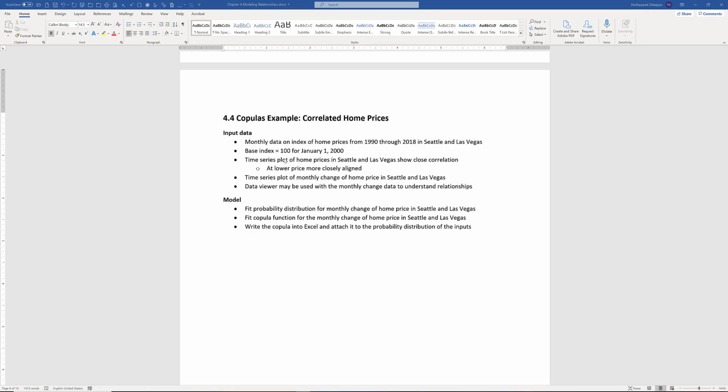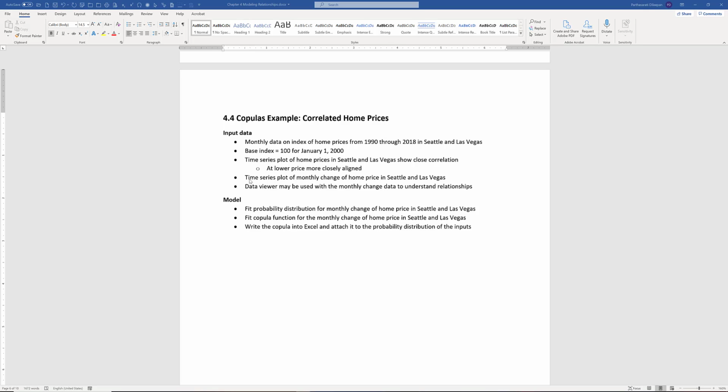2018. Okay, so now we're going to look at a time series plot of the home prices to see how they are correlated. And we will see that when the prices were low, they were more closely together. So meaning that there was some higher level of correlation, not as high a correlation when the prices have gone up.